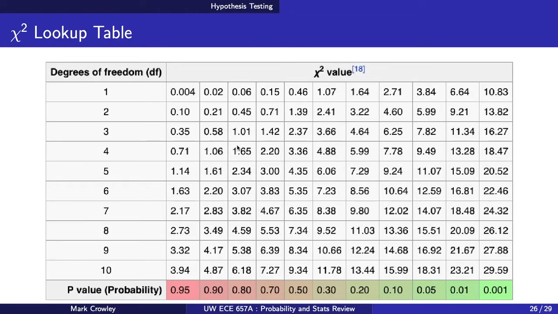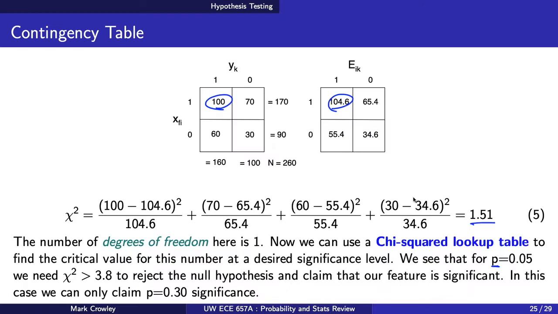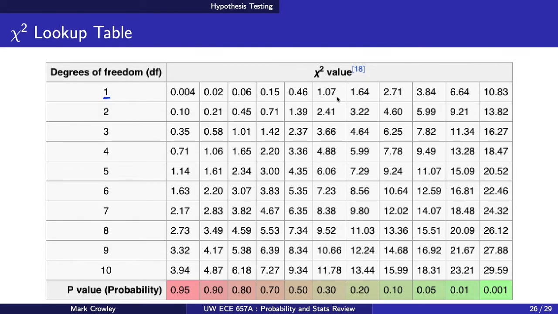It's a little pixelated. So we're saying in this model we've got degrees of freedom 1, and what number did we get? We got 1.51, and so we're in here, right? And that would mean we'd have a p-value between 0.3 and 0.2.